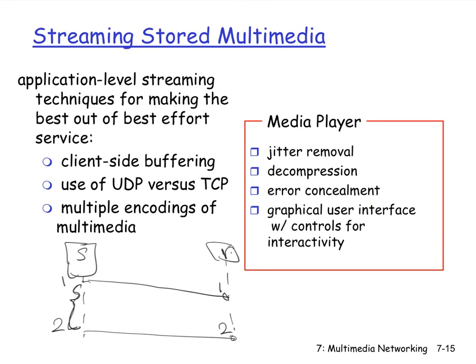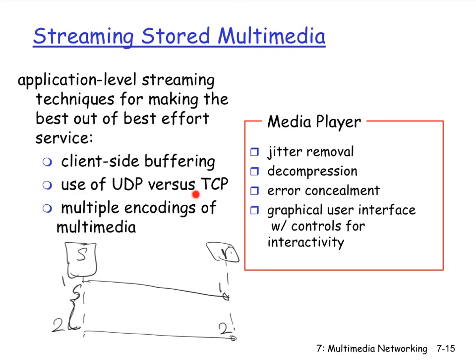There is some error concealment. For the packets that are lost, how do we account for this at the receiver side? So we need to provide some error concealment technique. And there is, of course, a graphical user interface to represent the multimedia content to the user. The de-jitter buffer is smoothed out using client-side buffering.